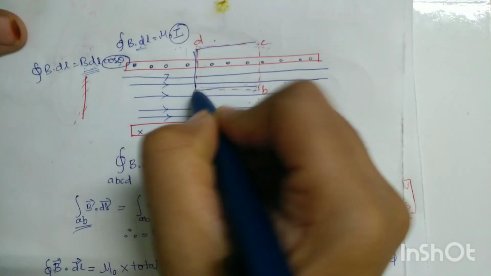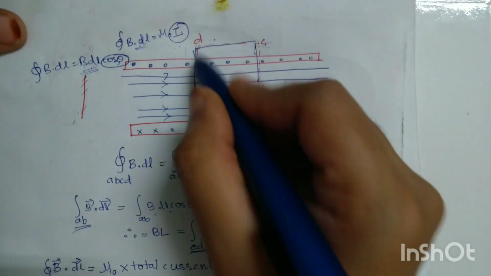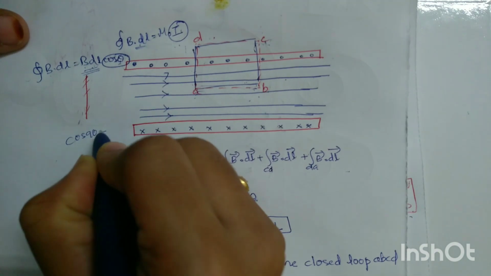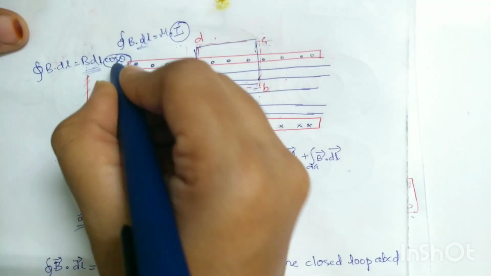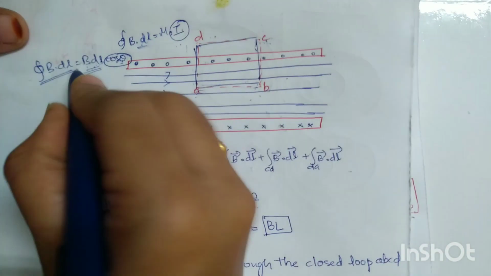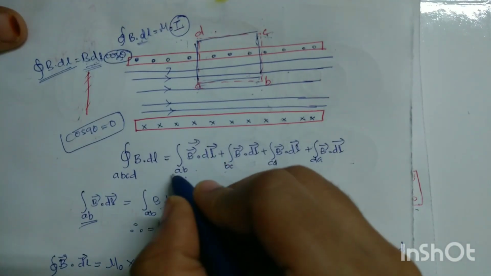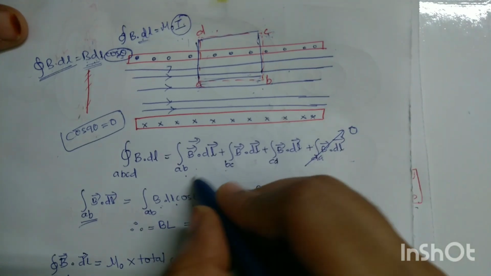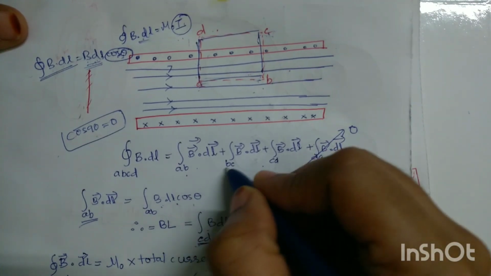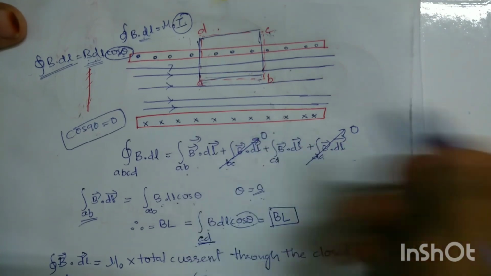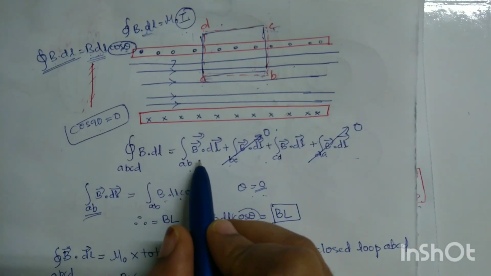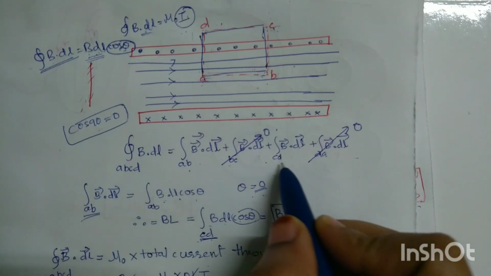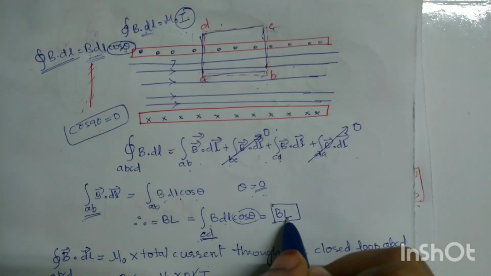Due to the perpendicular components, that is CB and DA, forming 90 degrees, cos 90 is 0, so B dot dl is 0 and these integrals are 0. Only the total magnetic field will be due to the current elements AB and CD. Hope you have understood till here.